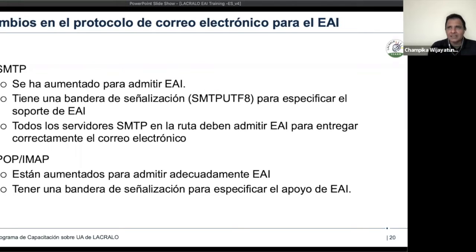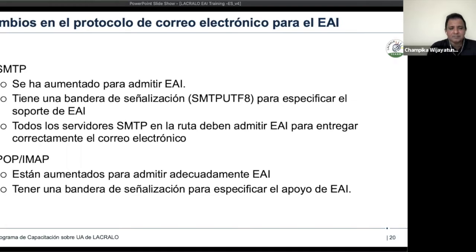That acknowledgement flag is what we call SMTP UTF-8. So the mail servers have to have SMTP UTF-8 support, right? This is very, very important. All the SMTP servers in the path must support EAI to successfully deliver the email. That is important. So this is with regard to SMTP.